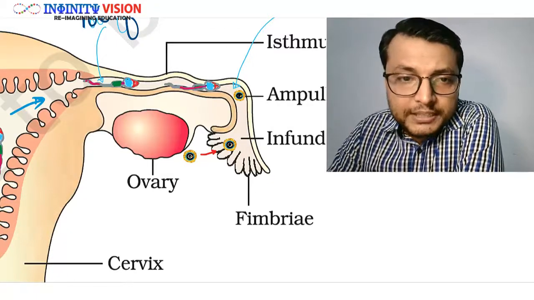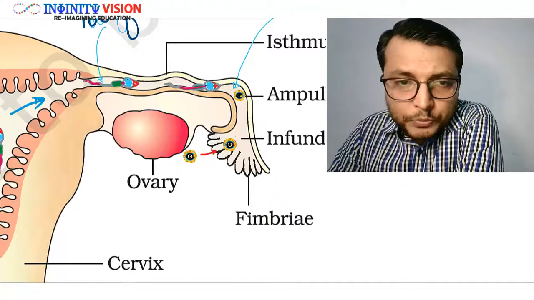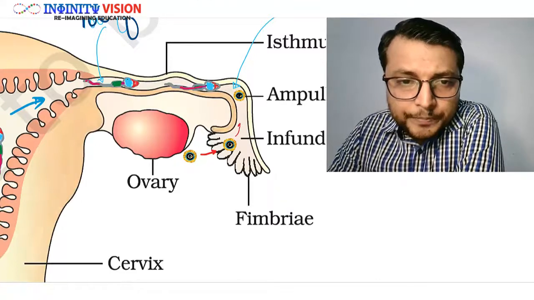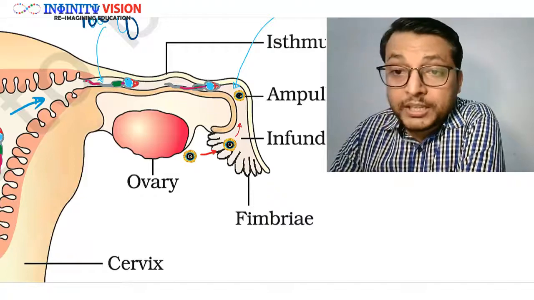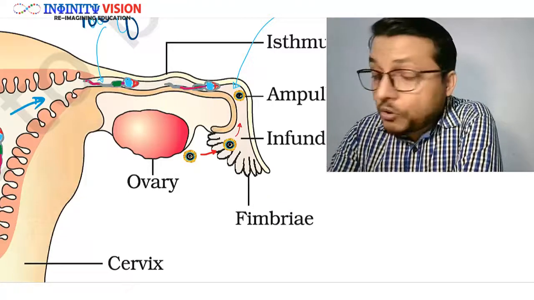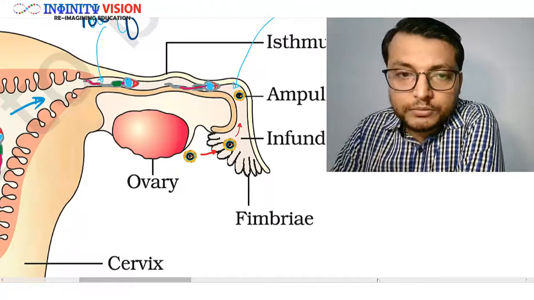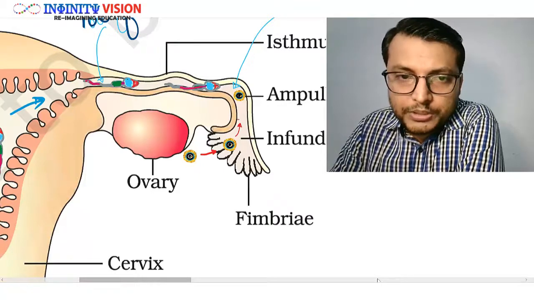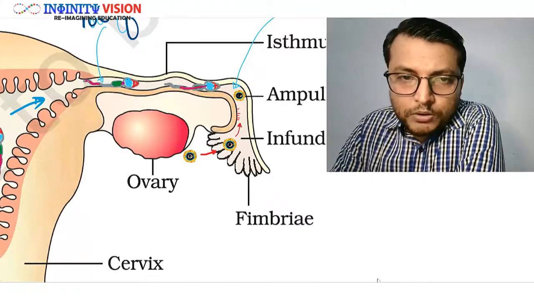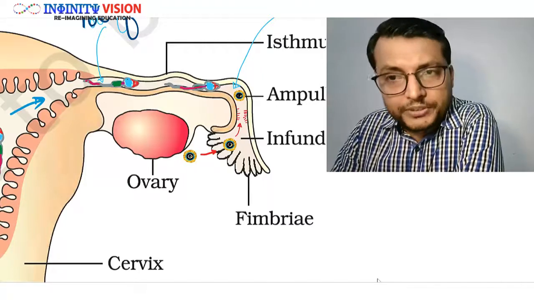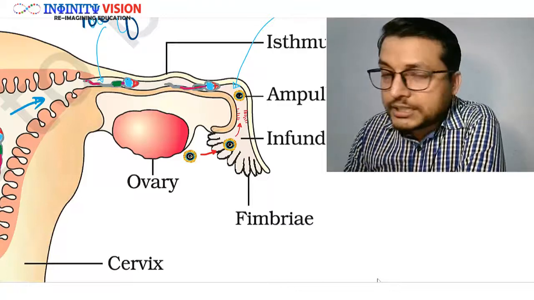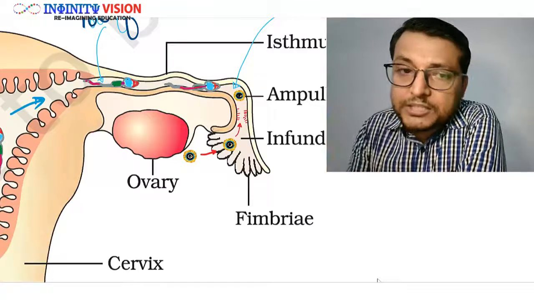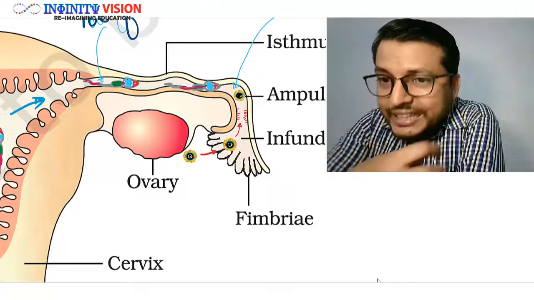And finally this ovum enters into the fallopian tube, the infundibulum part, which is trumpet shaped, and with the help of cilia. Okay, so I already told you that the wall of the oviduct is lined by ciliated epithelium. So these cilia keep on beating, and they beat in such a way that they pull in the water.